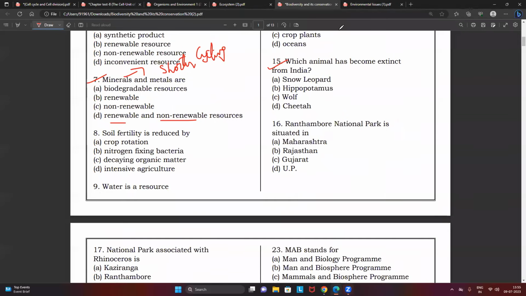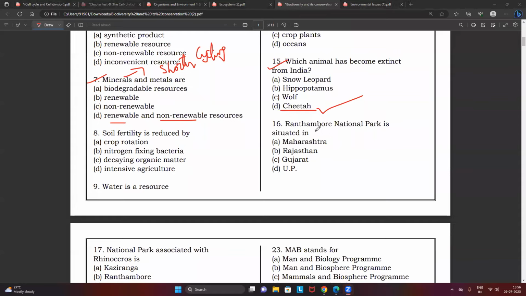Question number 15. Which animal has become extinct from India? Now, Narayani, tell me. I am telling you slowly. First of all, tell me which animal is extinct in India? All of you. I don't know who is saying option 1. Which is that? Cheetah. Now tell me, Varalakshmi, Narayani, Vishwanath, Geeta, what is the conservation status of the cheetah?